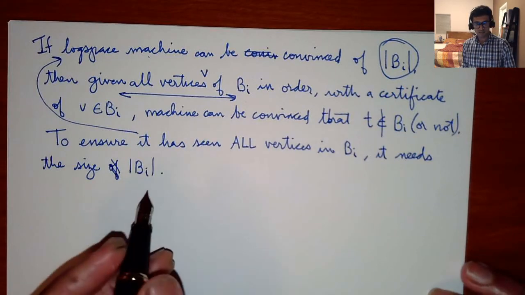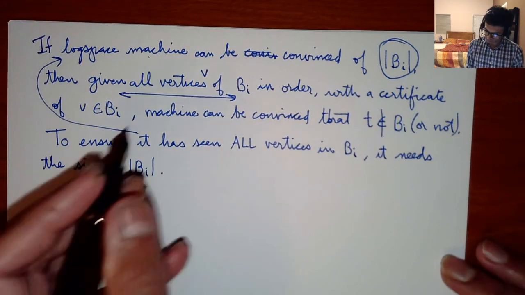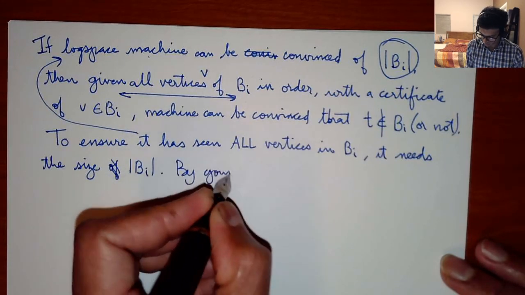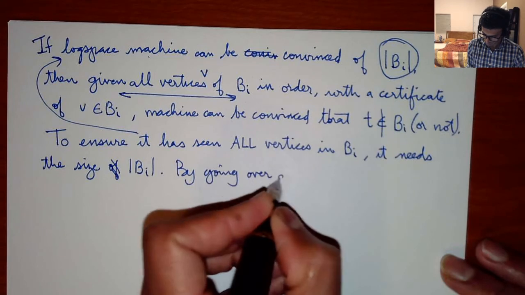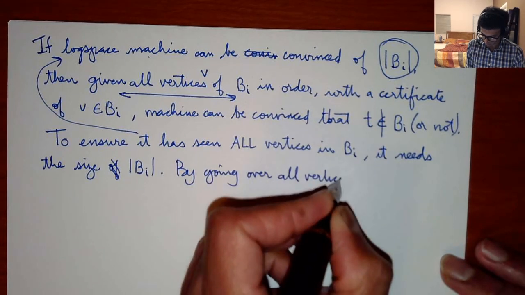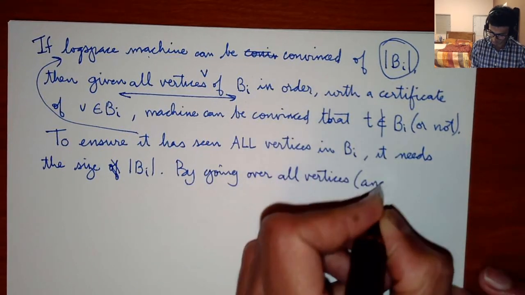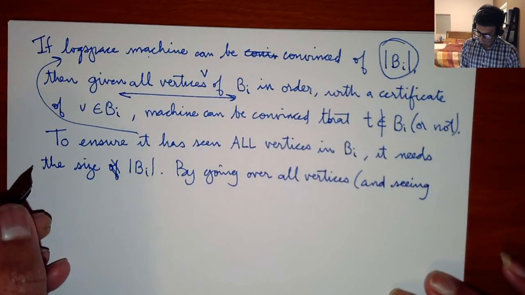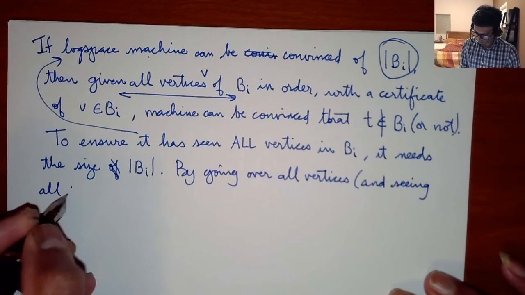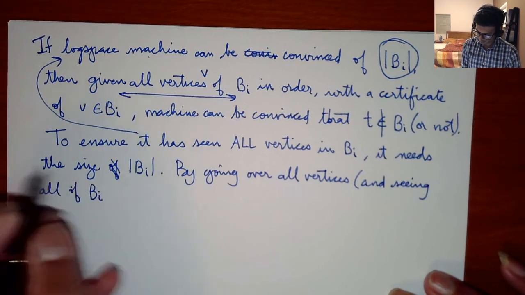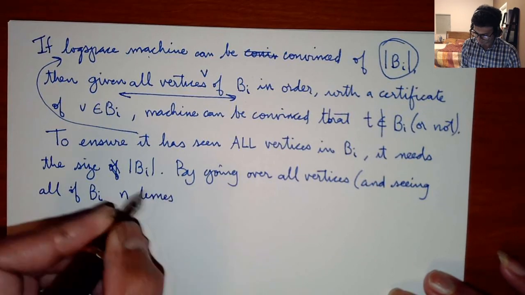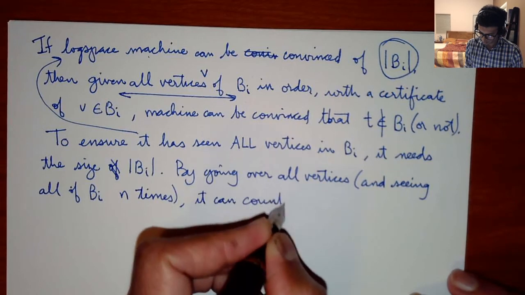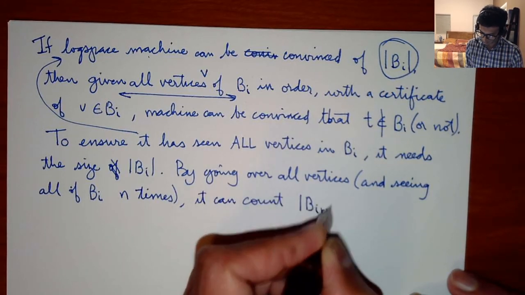Then by going over all vertices and seeing all of BI n times, it can count BI plus 1.